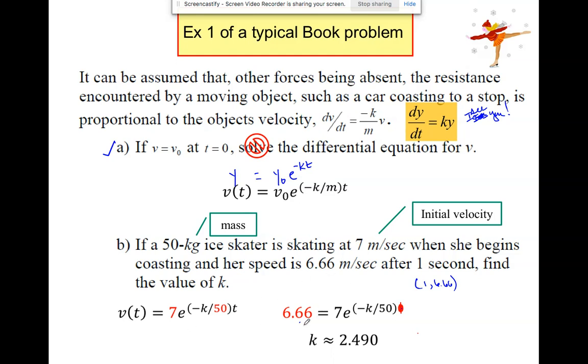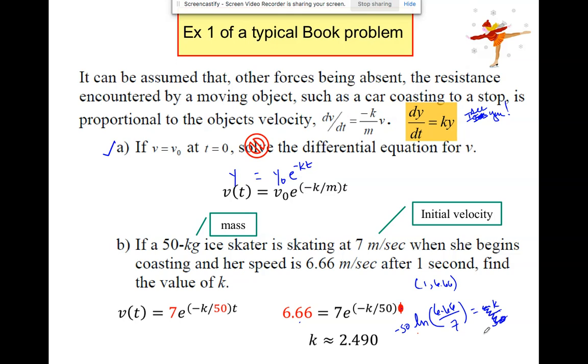Now, I did some math here, but you would have a calculator. So I did 6.66 divided by 7, and then I ln both sides, and the ln e went away, and I had negative k over 50. And so I multiplied this by negative 50.